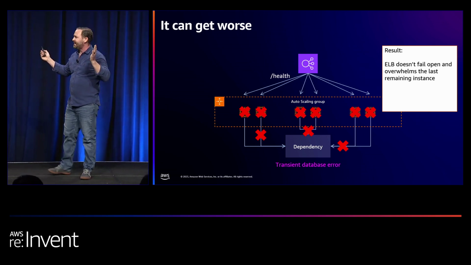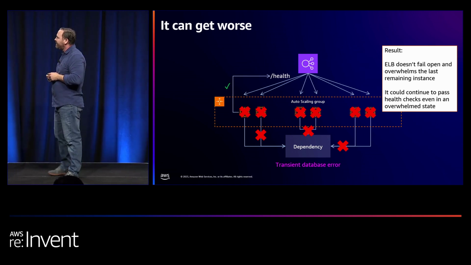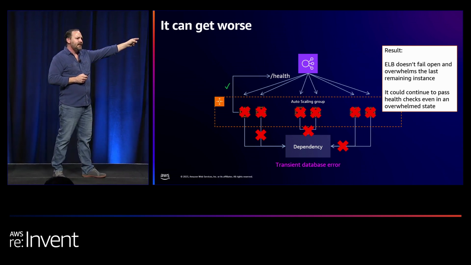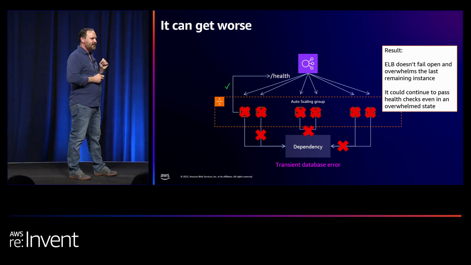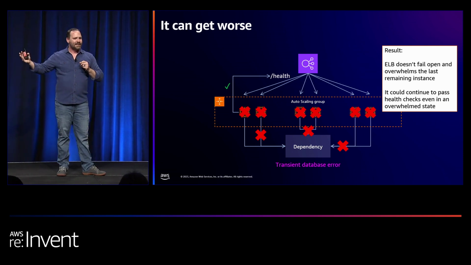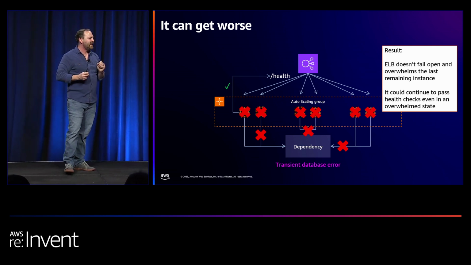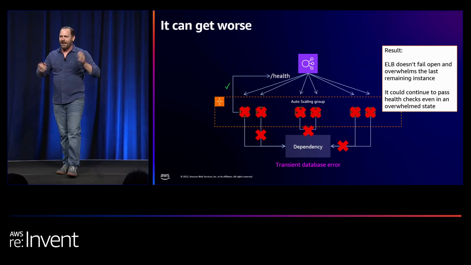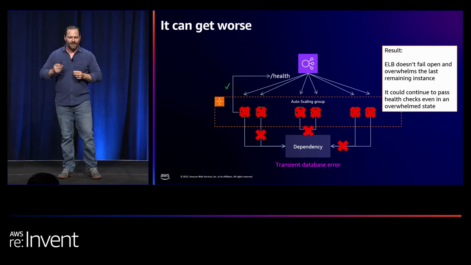And now I have no healthy instances again. And even in an overwhelmed state, right, that instance could continue to pass health checks, right? So it may not be able to process customer traffic, but it still replies to a health check request. And so we continue to send all of that traffic to an unhealthy instance. So this is probably our worst case scenario.